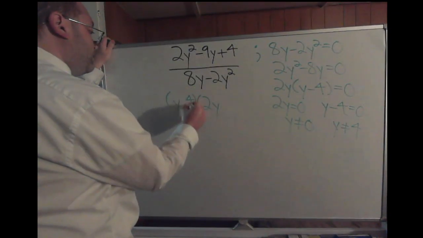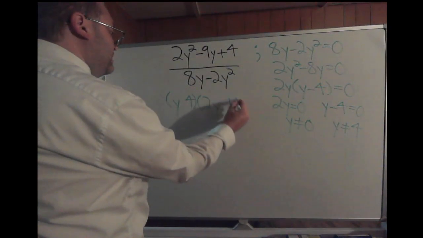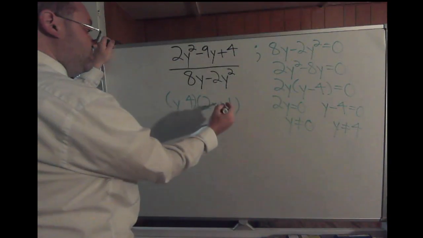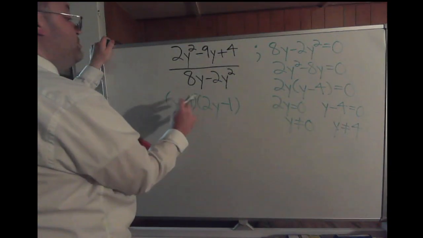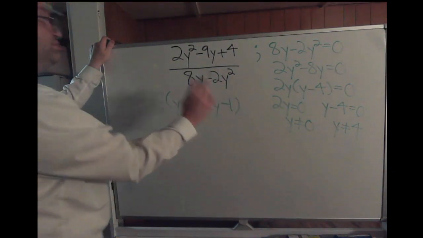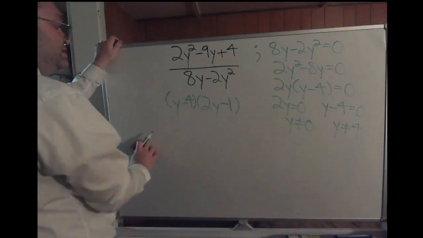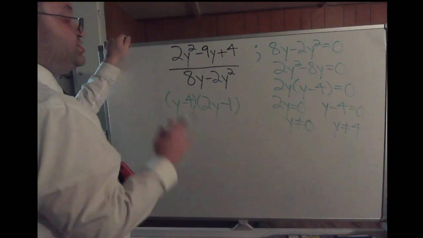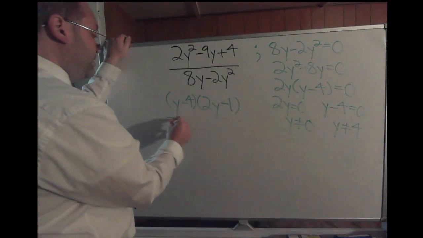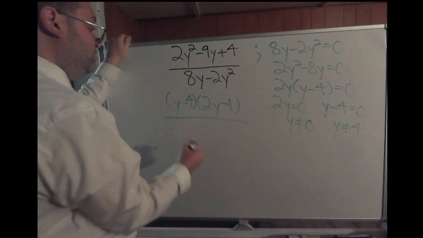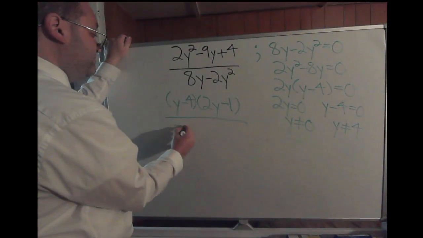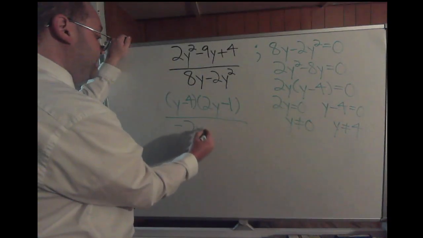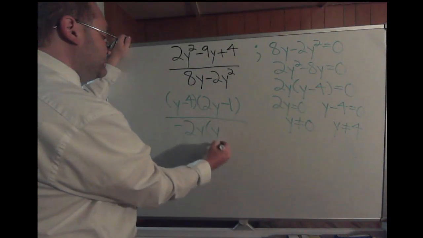We'll have 4 and 1. Should get 2y squared minus y minus 8y is minus 9y plus 4. Okay. So you get y minus 4 times the quantity of 2y minus 1 for your numerator, all over the negative quantity of 2y times y minus 4.